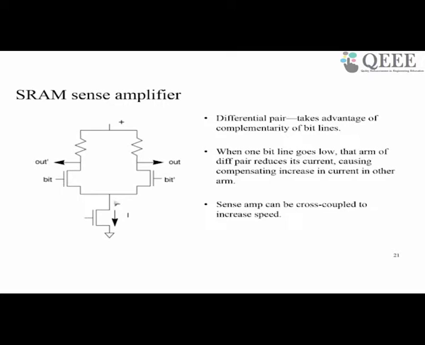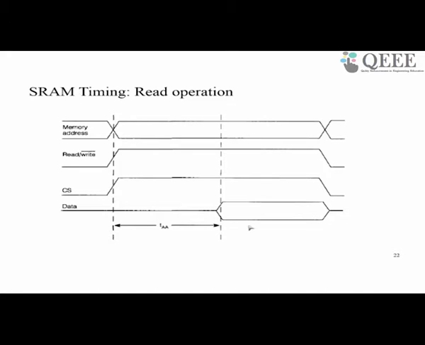We can have a simple SRAM sensing circuit, which is basically a differential pair. Using this, the bit can be sensed. The read and write cycle goes as follows. For the SRAM timing, the address has to be placed on the memory address bus.